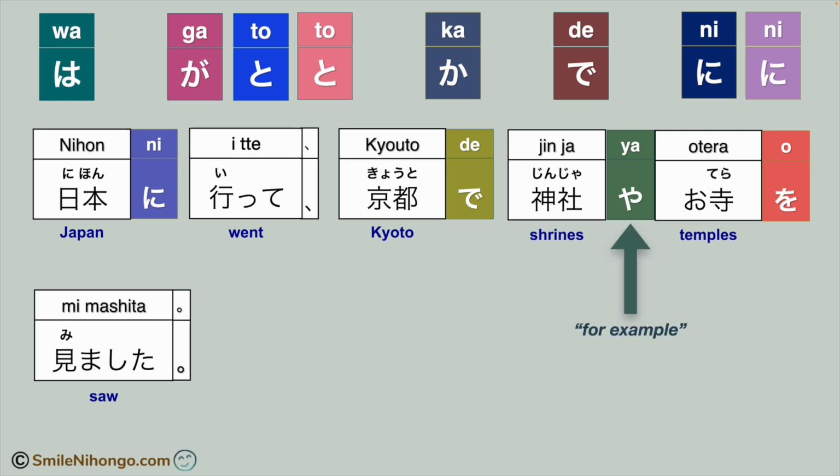This や indicates shrines and the temples are just examples of what this person saw in Kyoto and automatically implies he or she saw other things too.